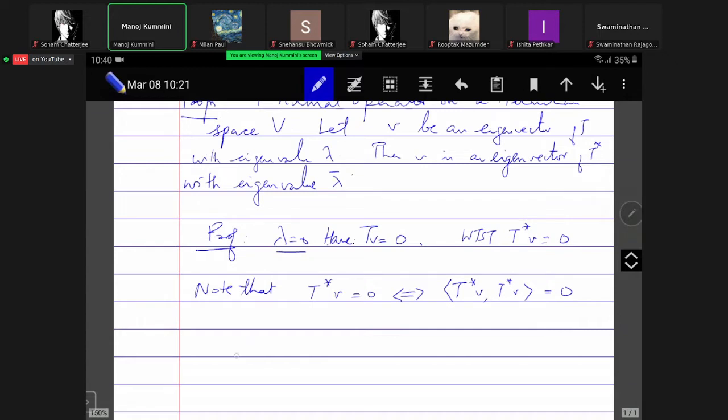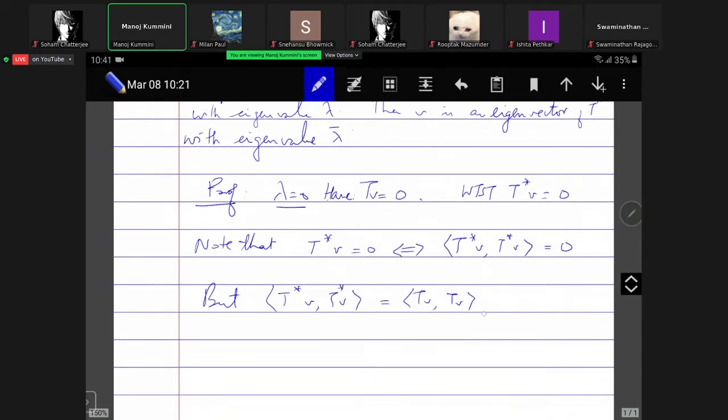Okay. But from what we did last time, this is the part where T normal is used, and this is 0 by hypothesis. Okay. So this proves it.